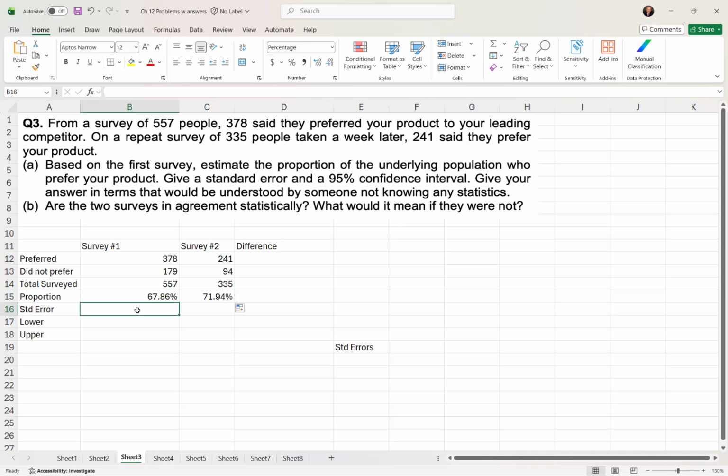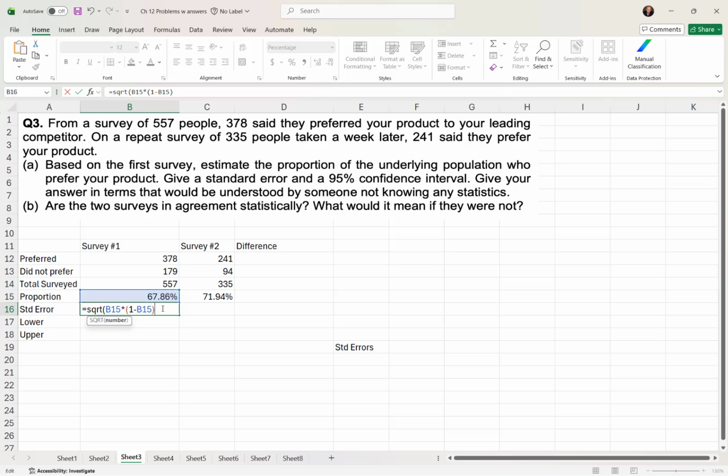And to do that, standard error is equal to the SQRT, the square root, open, closed. And then I click inside and I say p hat, which is this one right here, p hat times, open parenthesis, 1 minus p hat. Okay, so there's that.